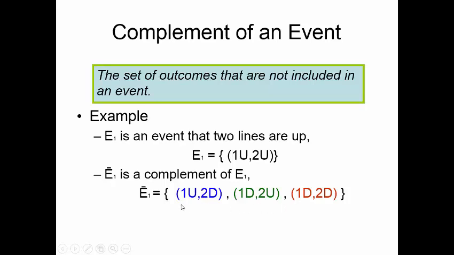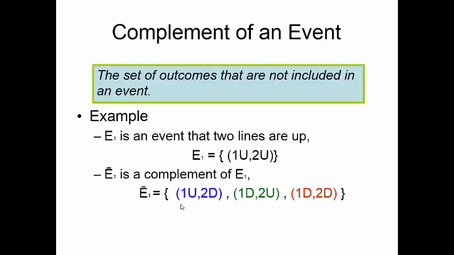So this forms the complement of the event. Now you will see that these ideas of union, intersection, and complement will translate into the probabilities of these events later on.